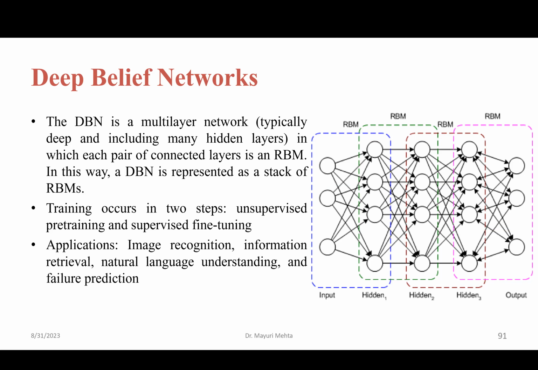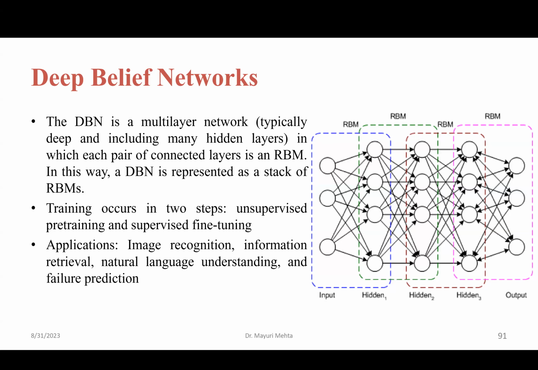The next RBM is trained similarly, but the first hidden layer is treated as the input or visible layer, and the RBM is trained by using the output of the first hidden layer as the inputs, and so on, because there are several RBMs, right? You can see that the blue box represents the first RBM, in which the input layer is the first layer, and the first hidden layer is the output layer.